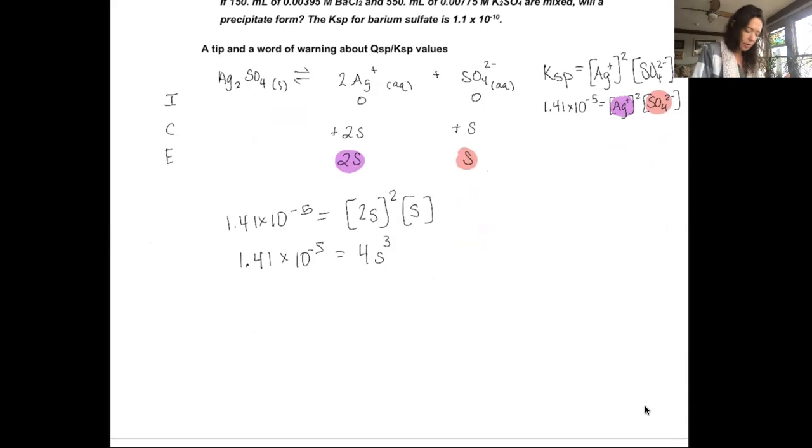Oh gosh, don't I divide by 4 first? Divide by 4. I think that's right. I just forgot. Let me look here. I didn't write it down, but I'll make sure.